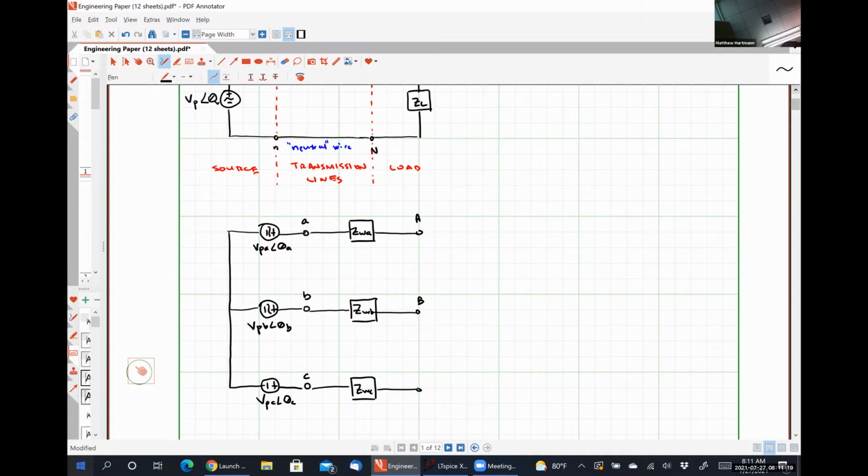And then on the right-hand side, we will again have our load. ZLA, ZLB, ZLC.